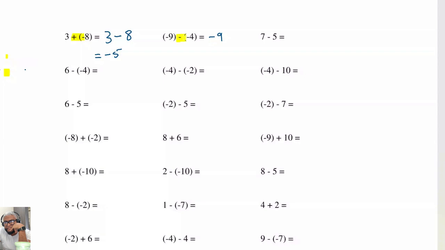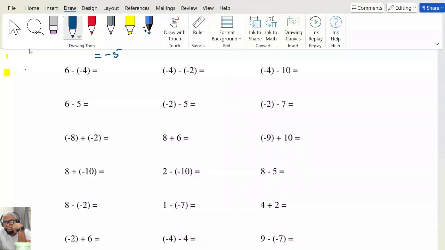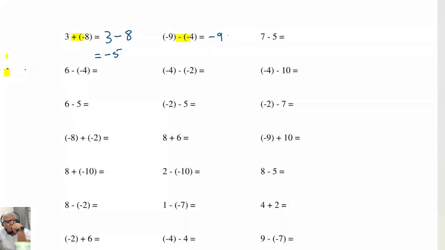A minus and a minus here. These two minuses become a what? A positive. Right, so I'm going to put plus 4 and you can drop the brackets. Once you merge the two signs in the middle between 9 and 4, you can drop the brackets. So negative 9 plus 4 would be what?